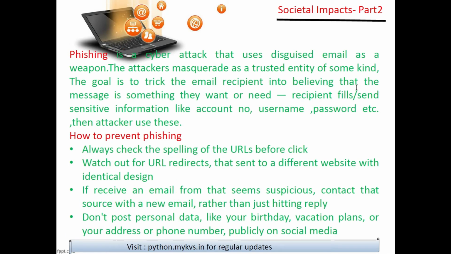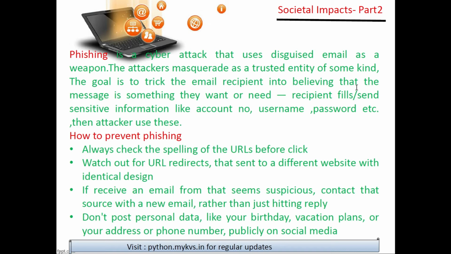Phishing is also a kind of cyber attack that uses disguised email as a weapon. The attackers masquerade as a trusted entity of some kind, meaning the site that you normally use, that particular site will look like that only. They're just copying the things. The goal is to trick the email recipient into believing that the message is something they want or need. The recipient fills in and sends sensitive information like account number, username, and password.